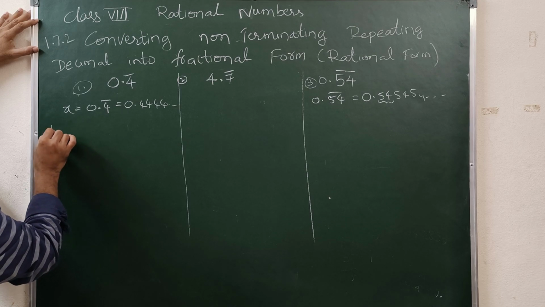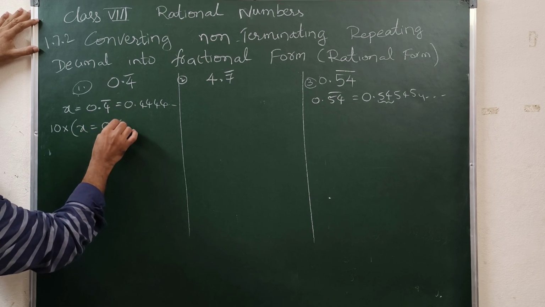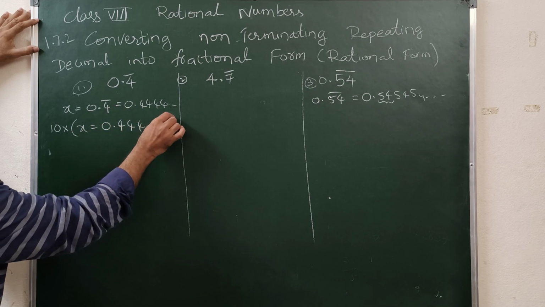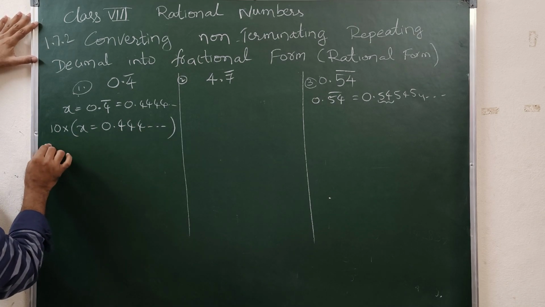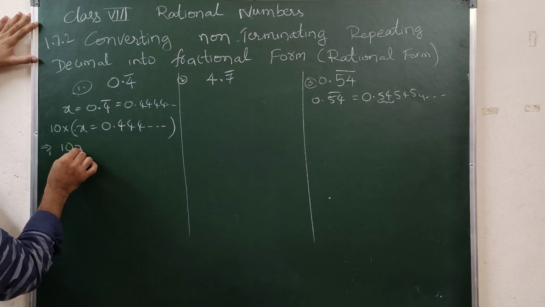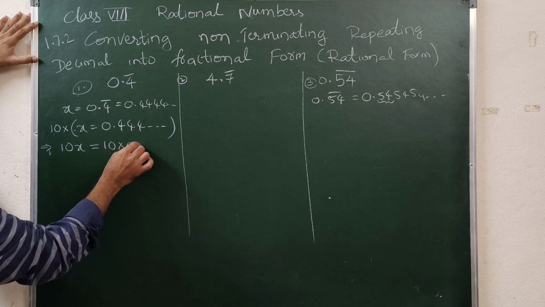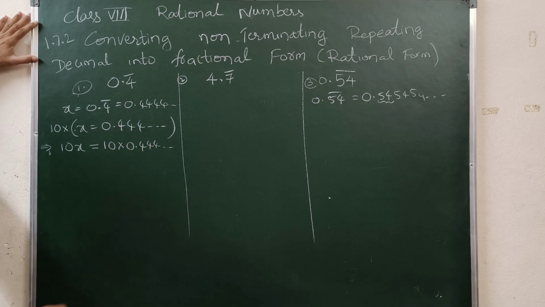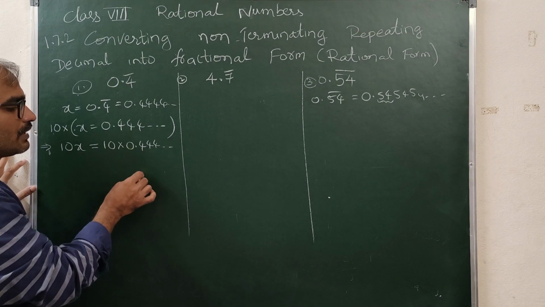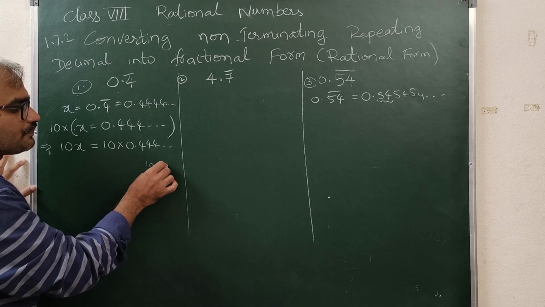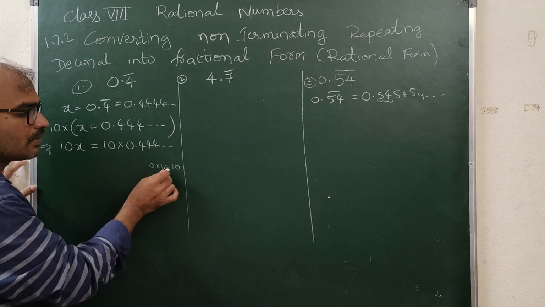Now let us write the equation. x is equal to 0.4444... Now you have to multiply on both sides, so 10 into x is 10x, equals 10 into 0.4444... Imagine it: if you multiply 10 into 1, it becomes 10, so 1.0 becomes 10.0.